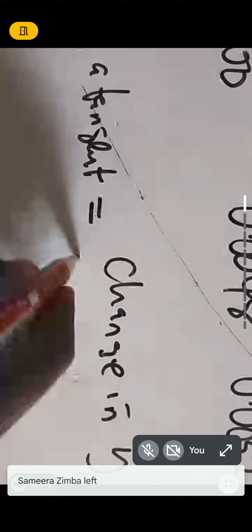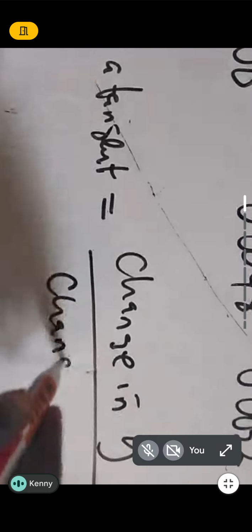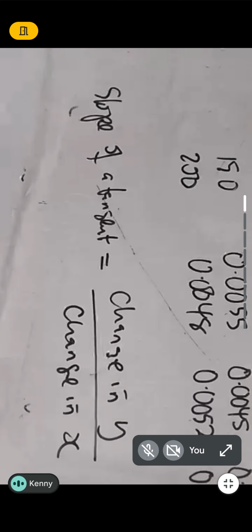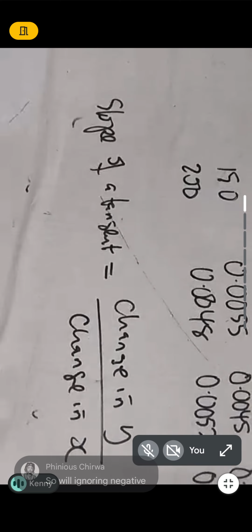You know the slope of a tangent line is equal to change in y over change in x. This is how we calculate the slope. Change in y over change in x.